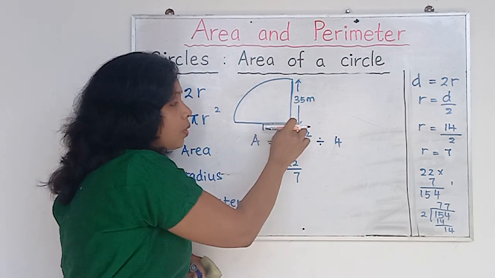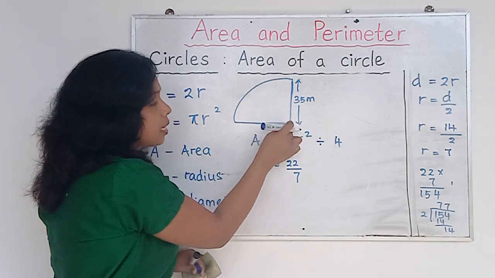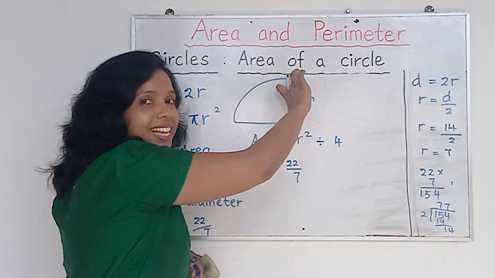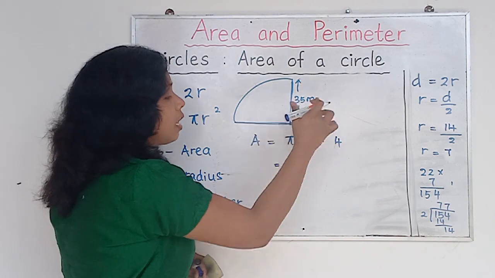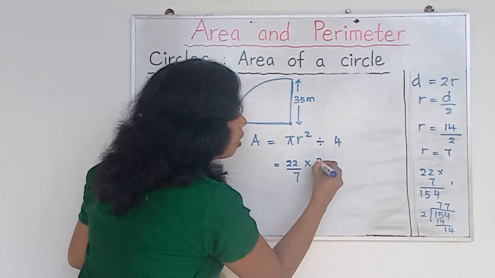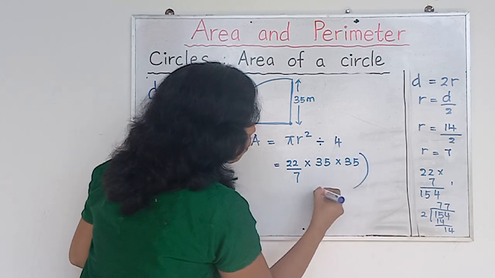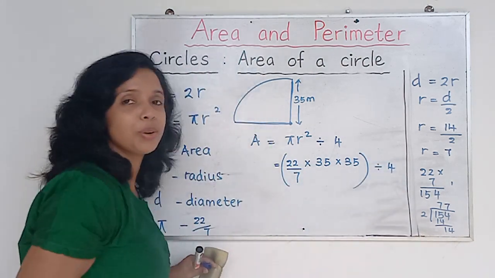The distance between center and the circumference. Here also the distance between center and the circumference, it is the radius. Here also a radius. They have given this length as 35 meters. So straight away we can use 35. 35 times 35. So it's a separate thing. Then whole thing divided by 4.